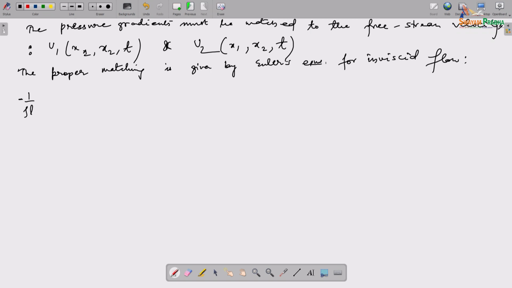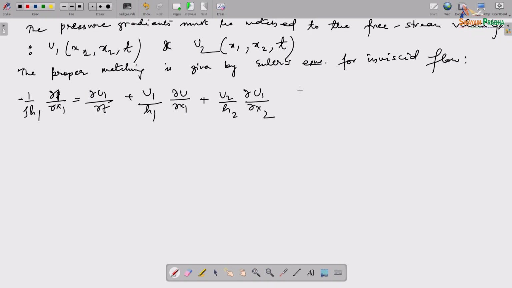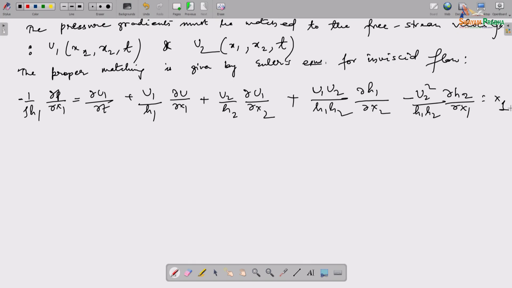So we have minus 1 by rho h1, then, and so the matching in the x1 direction is given in this fashion.